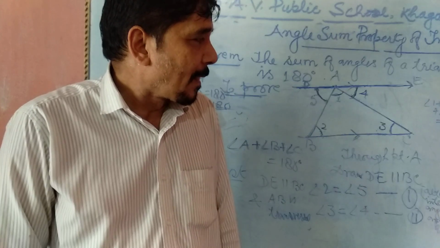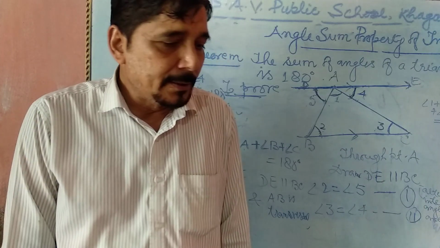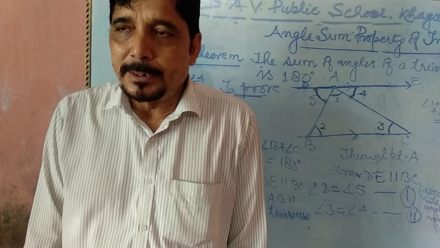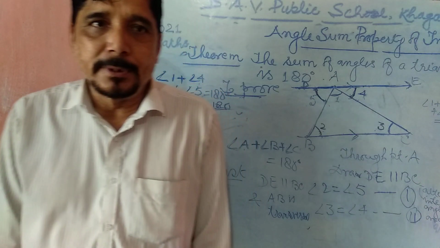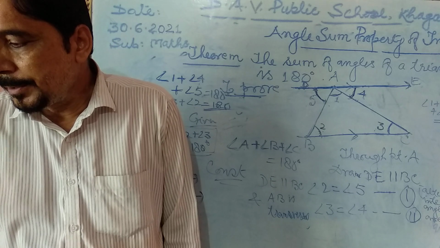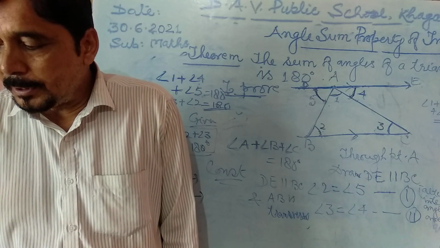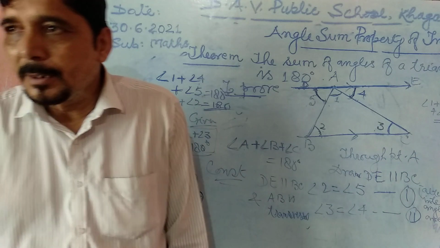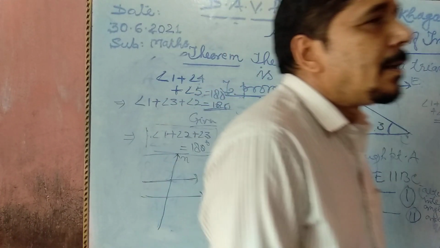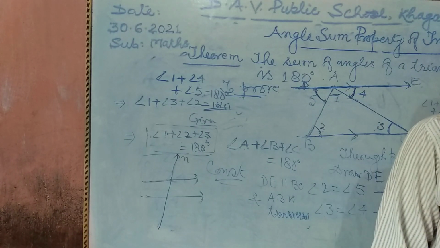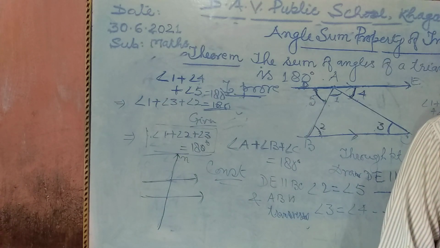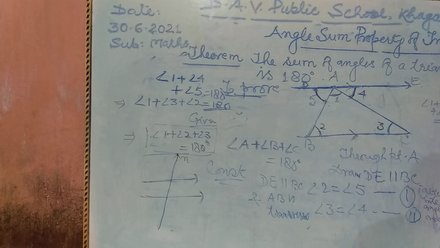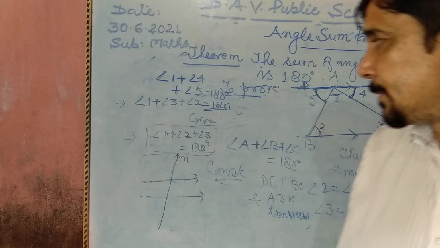Okay. Now the second theorem is that the exterior angle of any triangle is equal to the sum of the opposite interior angles. Okay. We can do it with the help of these theorems and other geometrical concepts which you have done in earlier classes.